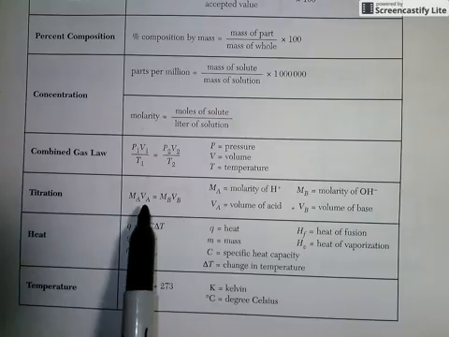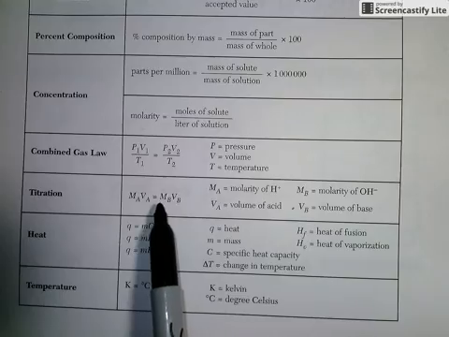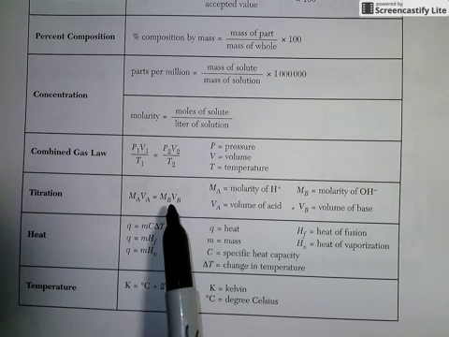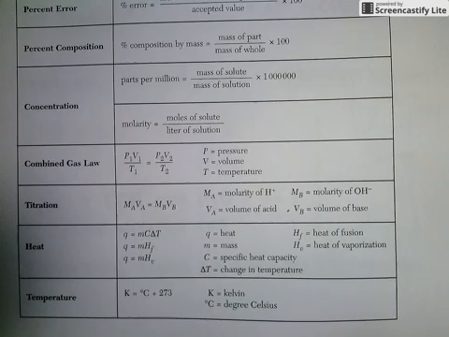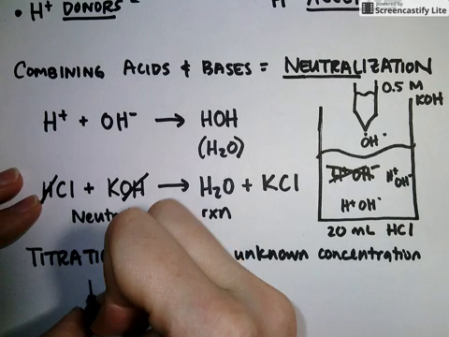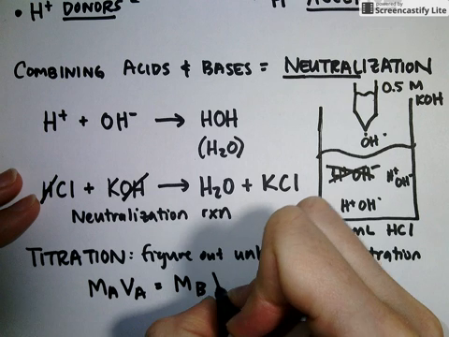Did we have 2 drops or 2 gallons of acid to neutralize? We need to know about the concentration of our base, so how many OH- we were adding, and how much base we had to add. Did we have to add 2 drops or 2 gallons? Using this equation is going to help us figure out what our unknown concentration might be.